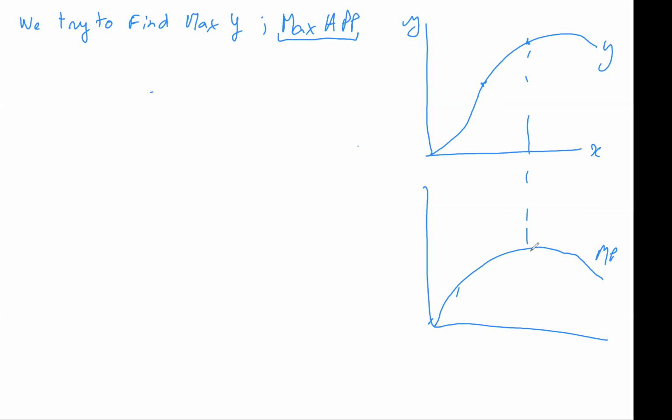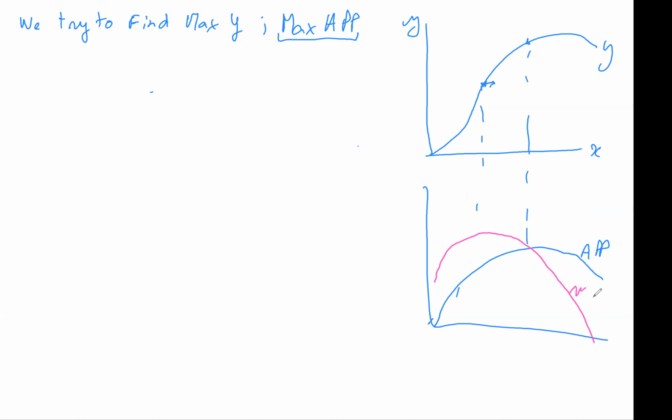Yes, that's my average, it's not marginal. It's my average physical product. But over here, that's where my marginal physical product is going to be maximum. My marginal physical product is above until it crosses here and goes down.